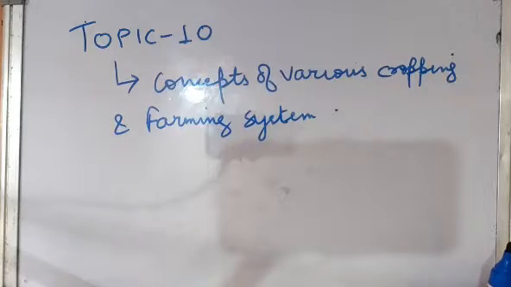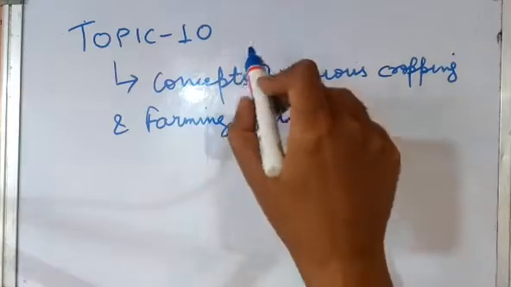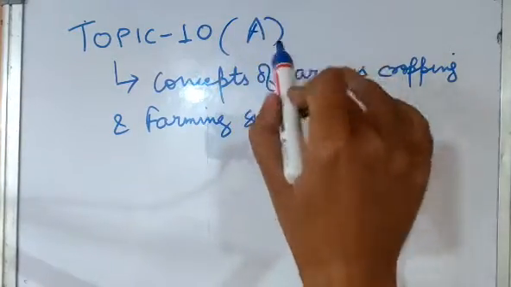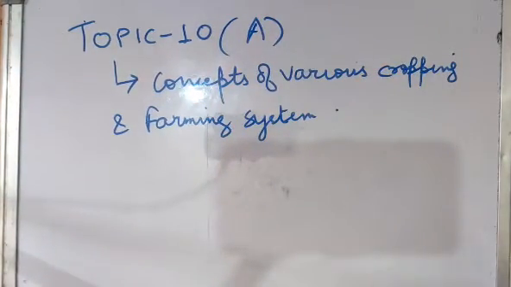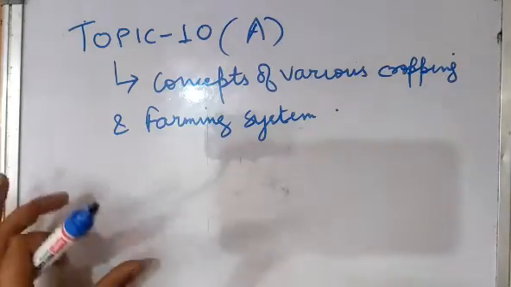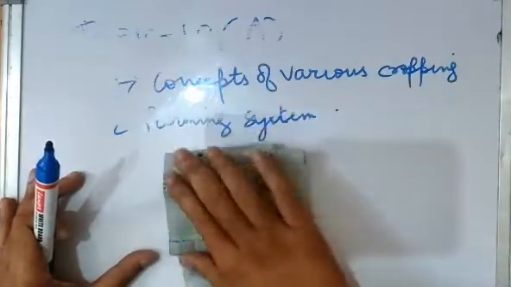It is a little bit of a vast topic, so we are going to divide it into two parts. Let it be topic 10A, and the part which I will be taking next will be topic 10B. So going on to topic 10A, concepts of various cropping and farming systems.